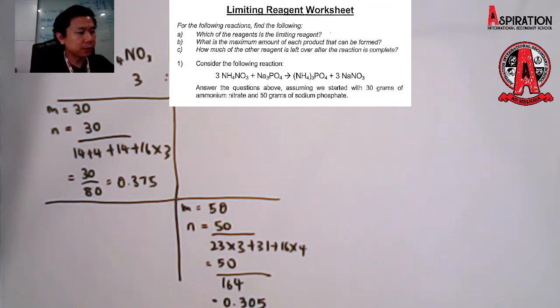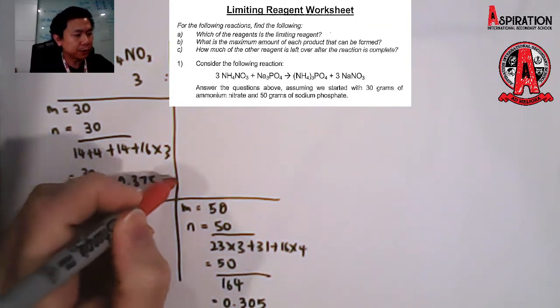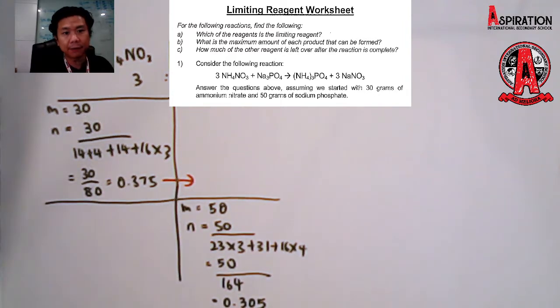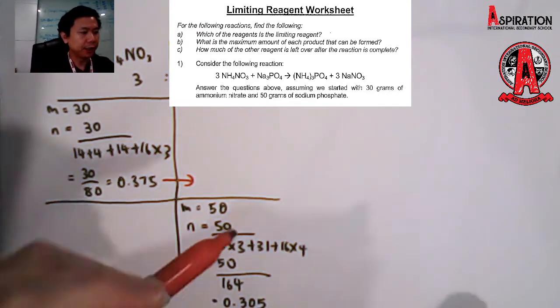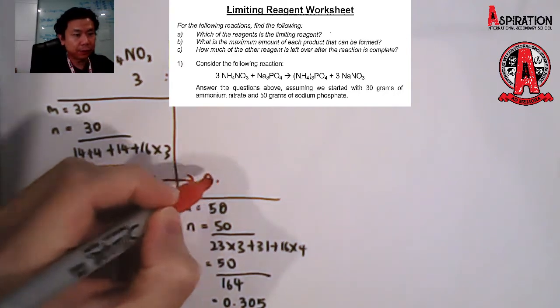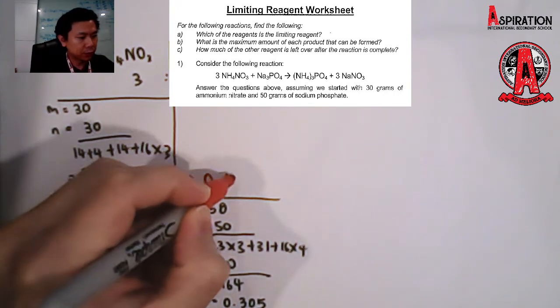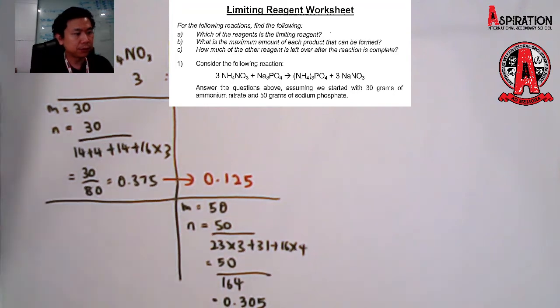Now comes the question that I usually ask students. If you want to completely use up 0.375 moles of ammonium nitrate that is being supplied, how many moles of sodium phosphate do you need? Well, you take 0.375 divided by 3, you will need 0.125 moles of sodium phosphate.